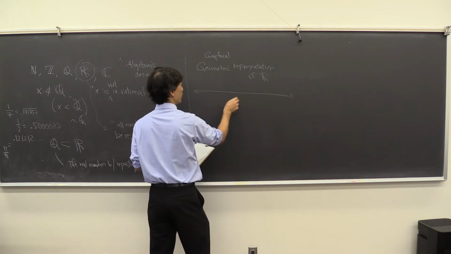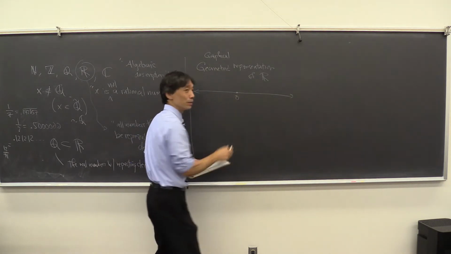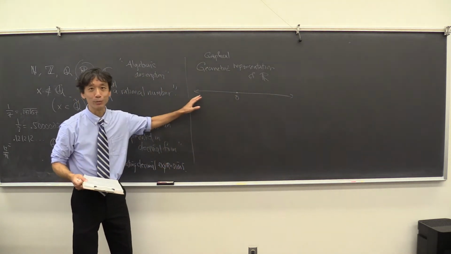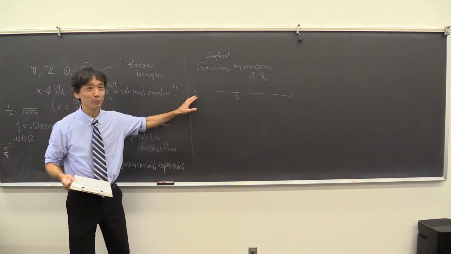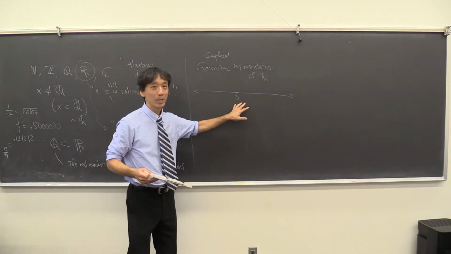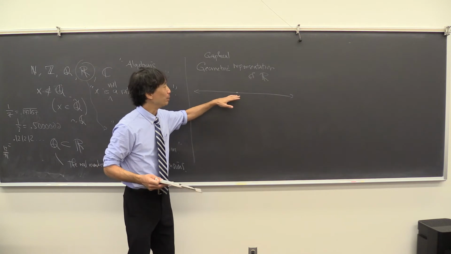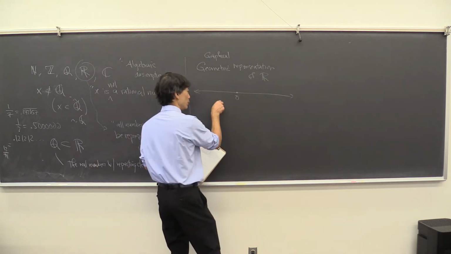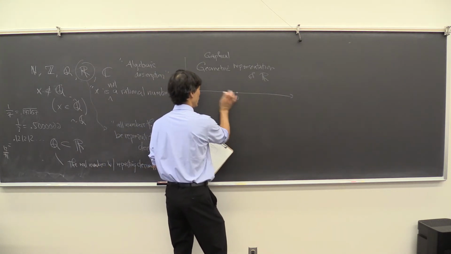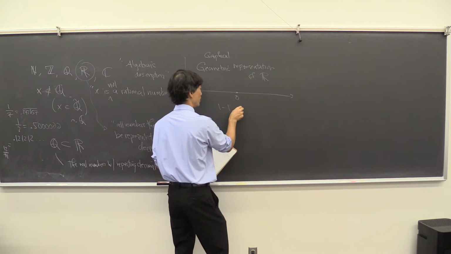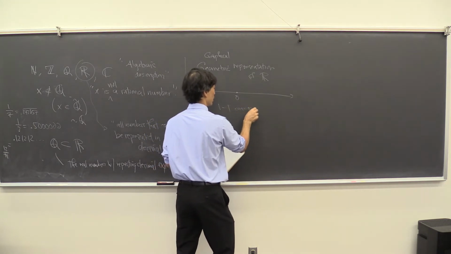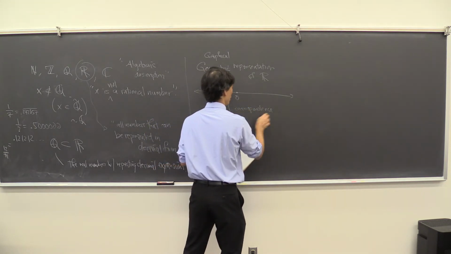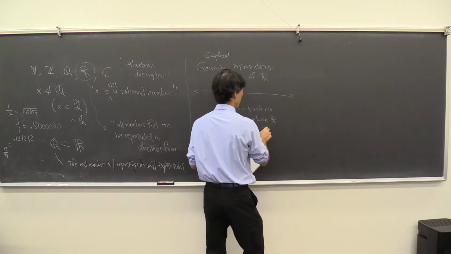You've all seen this since childhood. This is your old friend, the number line, like your childhood pal. The book says the important thing is that there's a one-to-one correspondence between R and this number line.